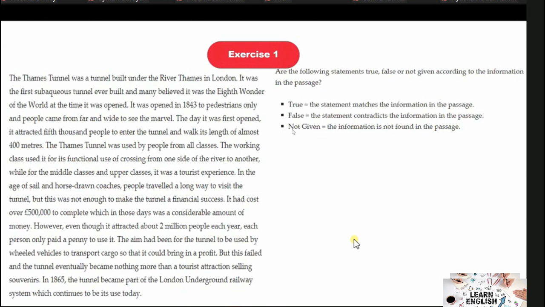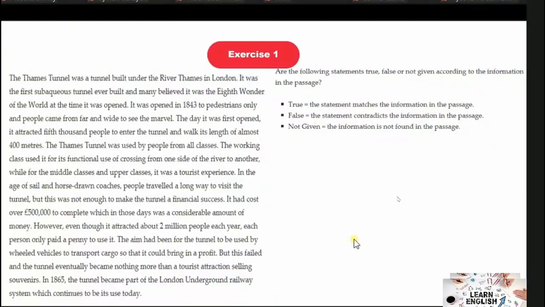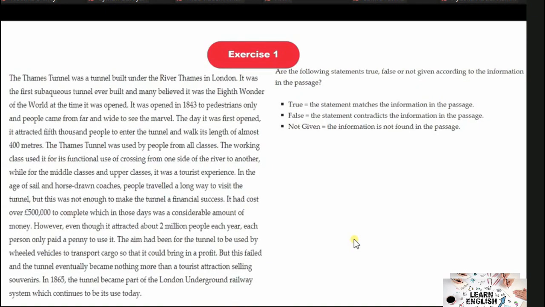And not given means the information in the question is not found in the passage. You have no indication or reference about this piece of information in the passage. So in this case, it's called not given. Let me tell you something about that. Let's have a look at this part.